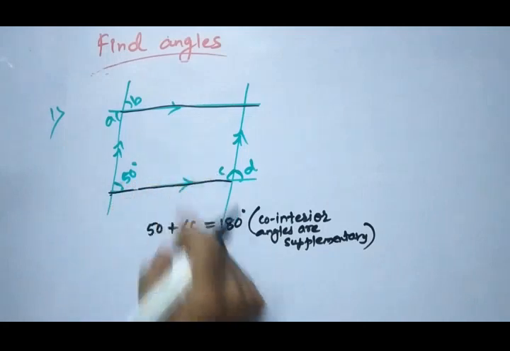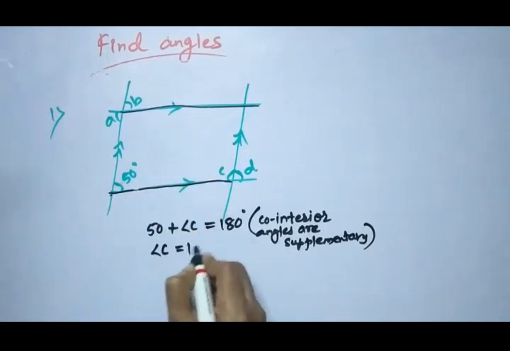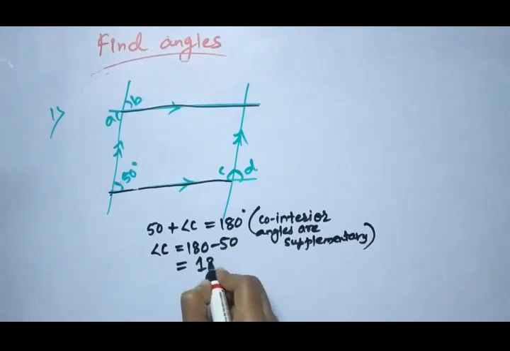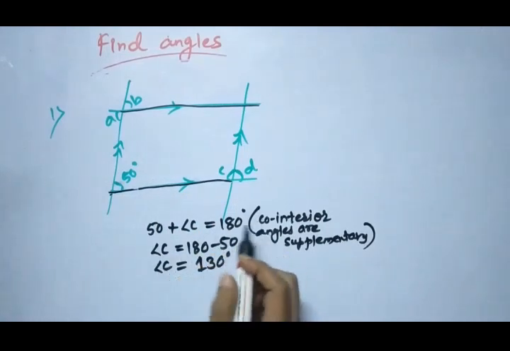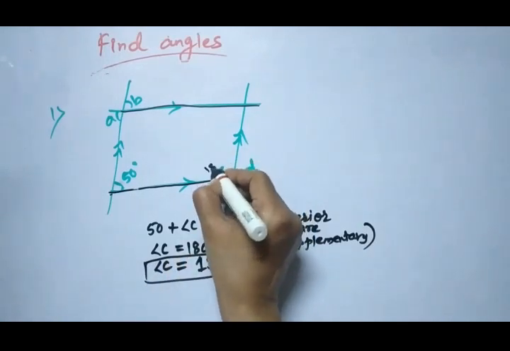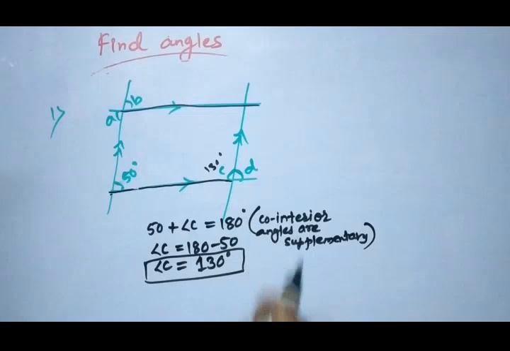So this 50 and C, this means angle C is equal to 180 minus 50. So friends, you will get 130 degrees. So we got one angle, angle C, which is 130 degrees, because they are co-interior angles.